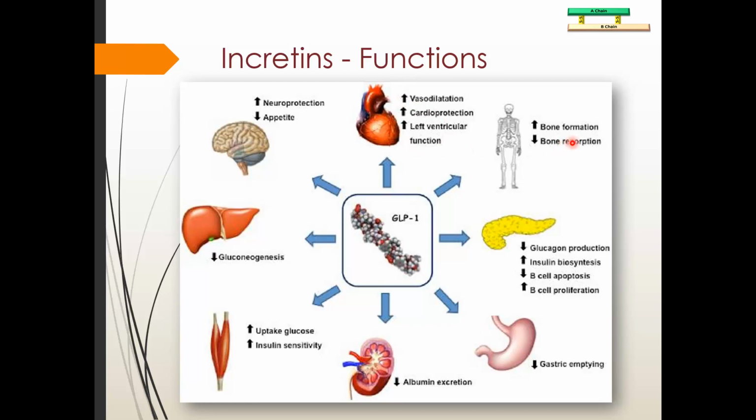It helps in bone formation. So you can see there are multiple beneficial roles throughout the body of the incretins, and that is why the incretin system is a very important target in the management of diabetes mellitus, and not only the target of control of blood glucose, but also the different adverse effects or complications of diabetes mellitus can be controlled by this mechanism.